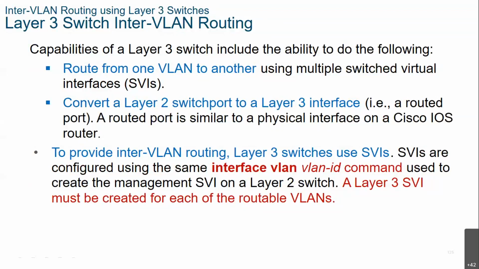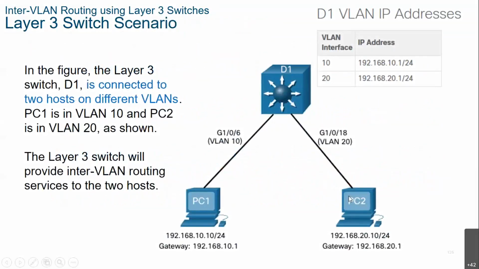So that one port on the switch has to now be a layer 3 interface because it's talking to a layer 3 device. To provide inter-VLAN routing, layer 3 switches use SVIs. SVIs are configured with the same interface VLAN ID command. You will see it in a little bit. You must create a layer 3 SVI for each routable VLAN.